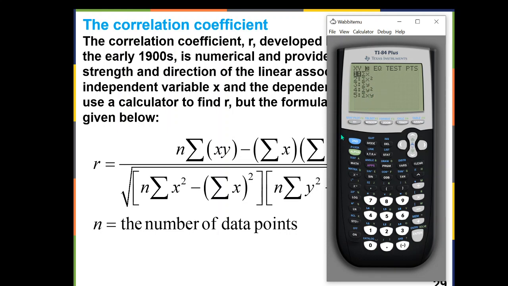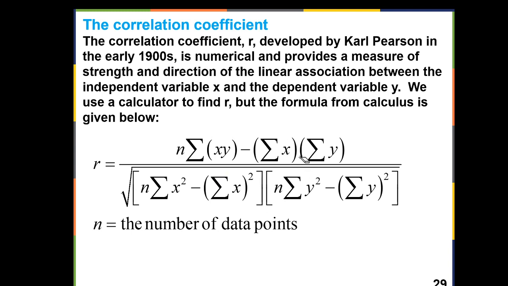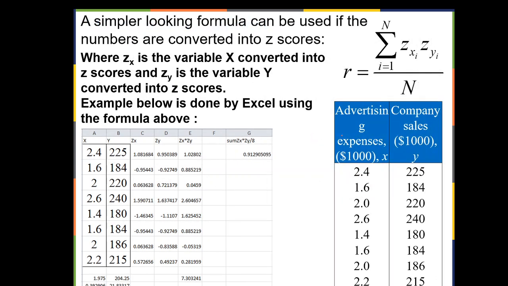You can put them in this formula right here and find r. But that's a waste of time because the calculator finds r for us already. Well, that's the formula, and there is an easier formula, which is this right here.